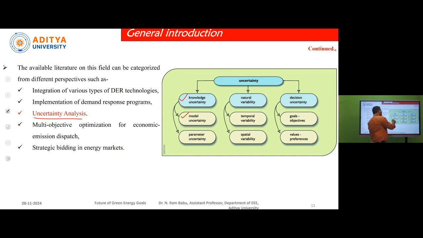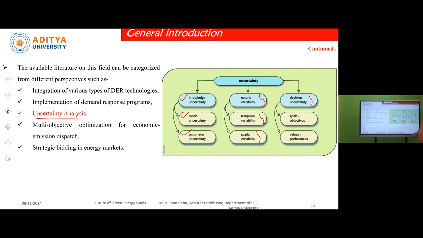Next one is parameter uncertainty. Our transfer function model has some parameters. If we have taken the parameter values wrong by mistake, it is called parameter uncertainty. Next one is natural variability, where the uncertainty occurs naturally, and temporal and spatial.